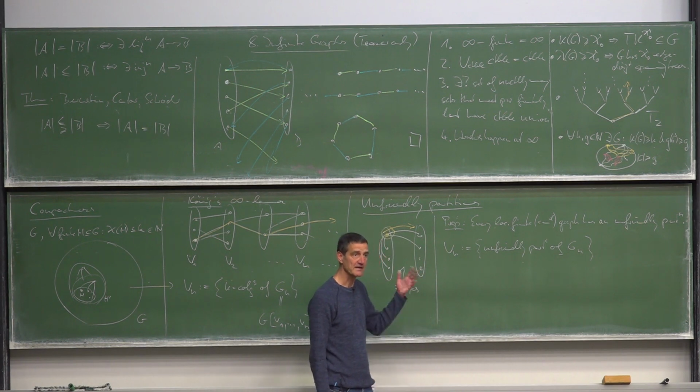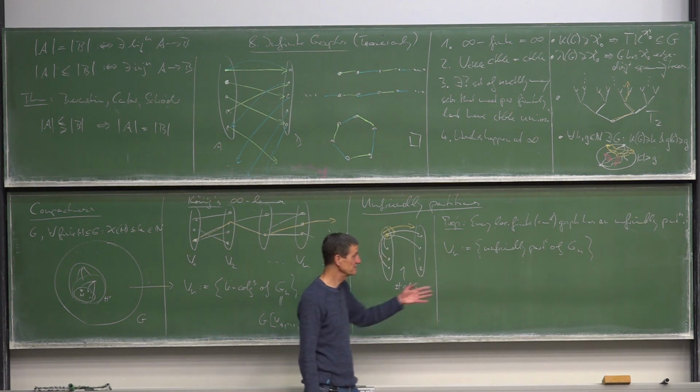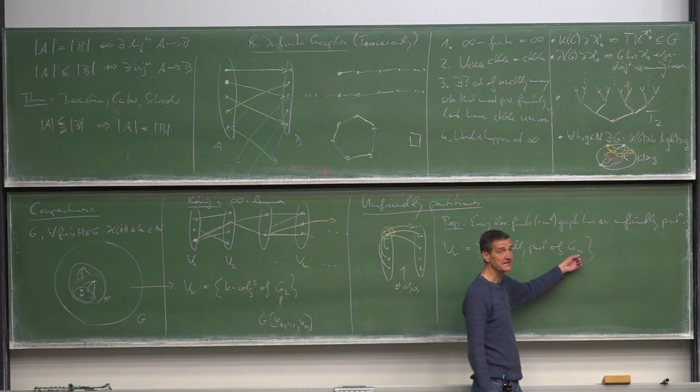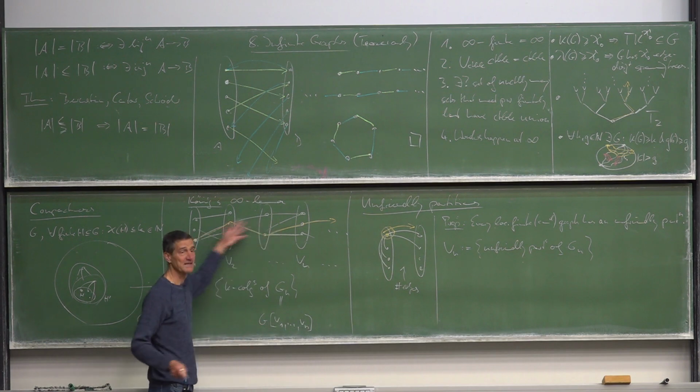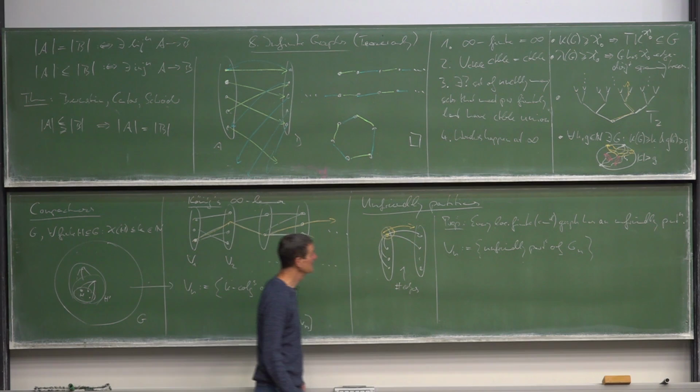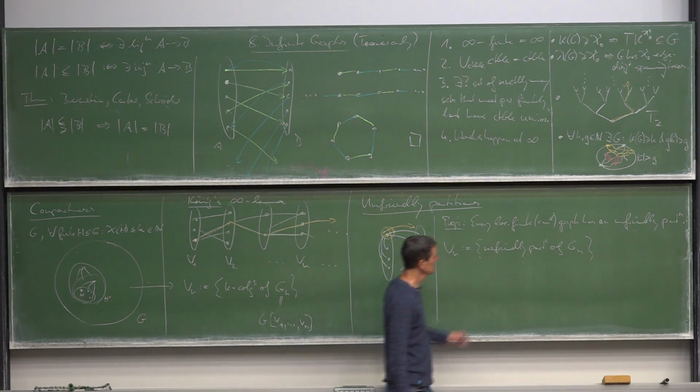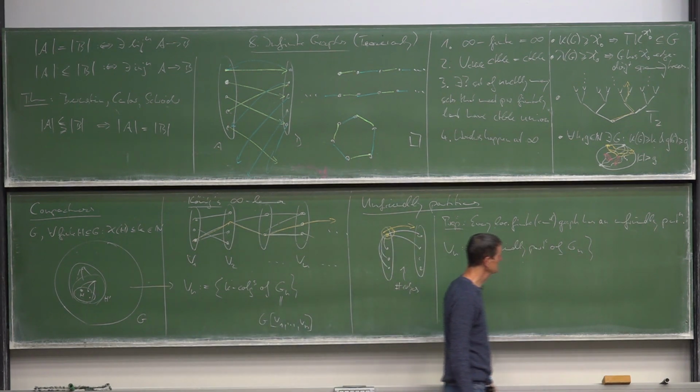That's only finitely many possible partitions. Gn is a finite graph. They exist, so I should have said earlier that these sets are non-empty. Right? Have to be non-empty.